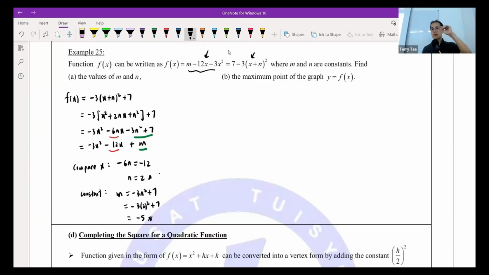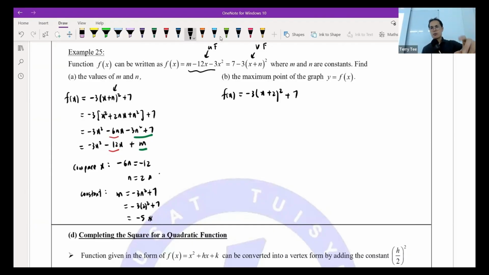To find the maximum point, what do you do? Which one is more useful to find the maximum point? Vertex form, yeah. So now that you got your n and m, let's sub inside your vertex form. Actually, to be exact, I sub inside here because it's better to put the negative 3 and the bracket in front. My n is 2, and this is plus 7.